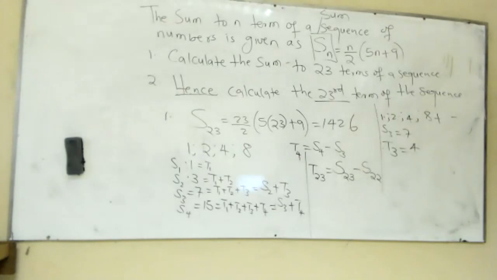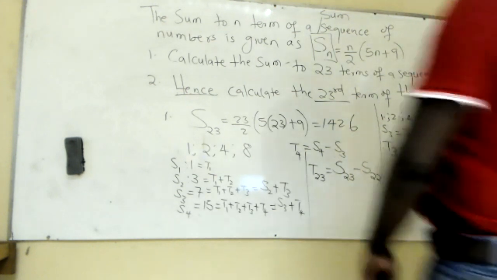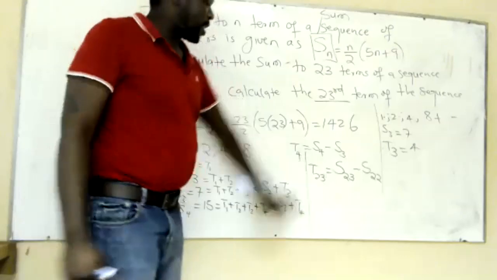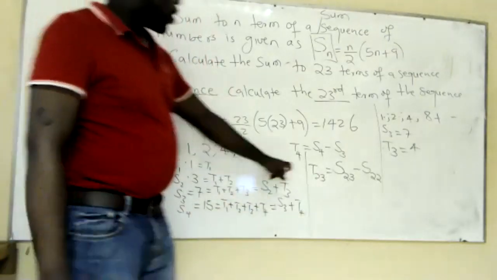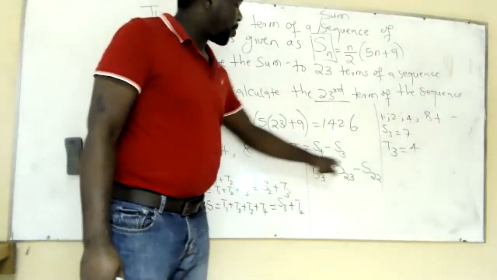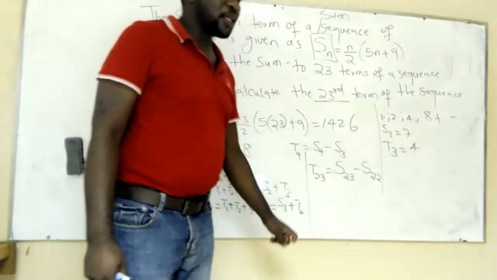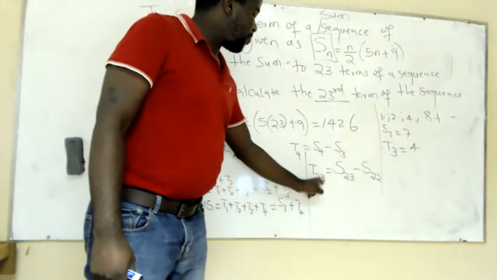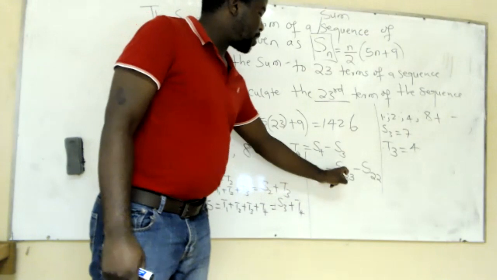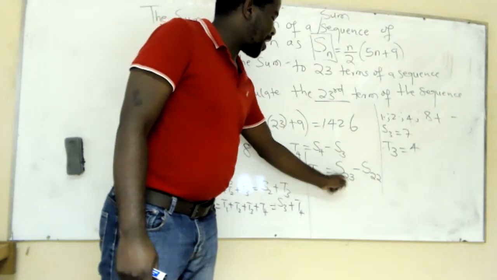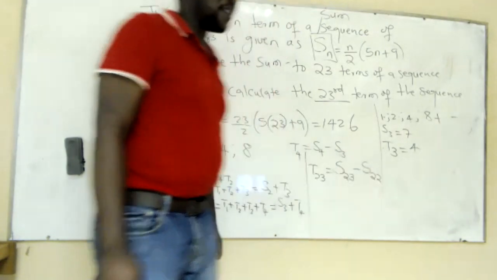I will need to do another example which requires this so that you can see how we obtained that. This information is very critical. So we obtained a term from a series. In order for us to obtain the term, we say summation of the current term minus the summation of the previous term.